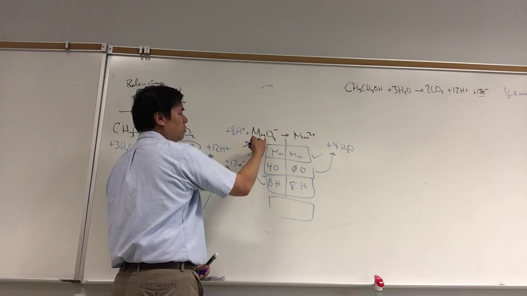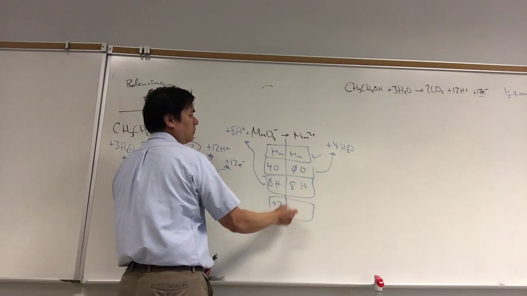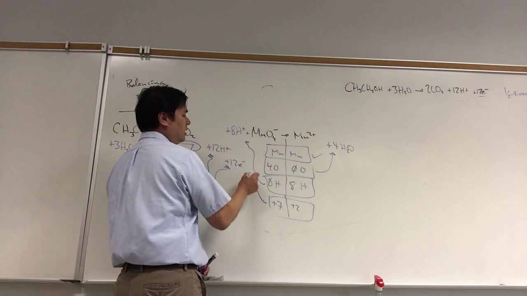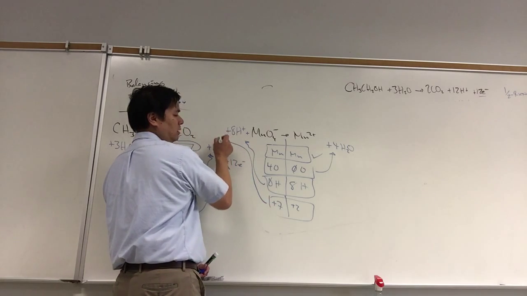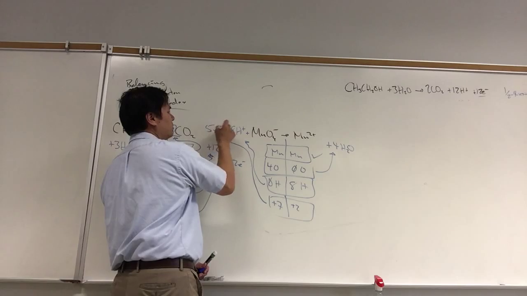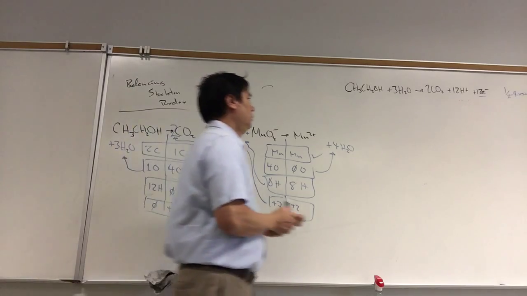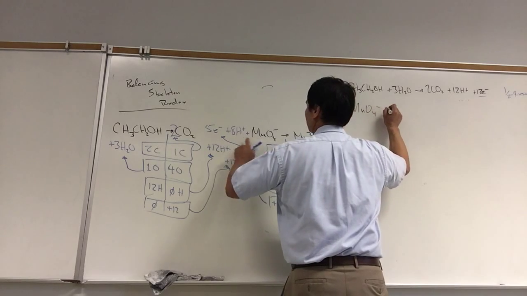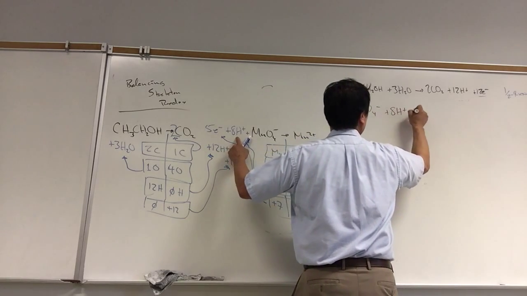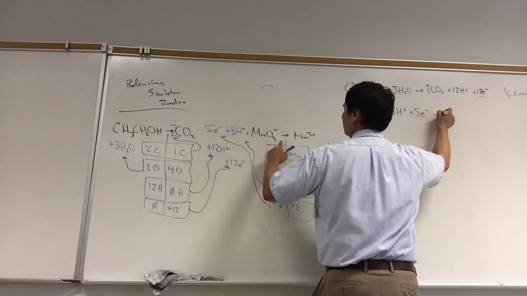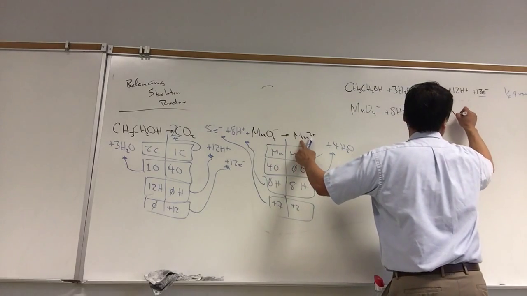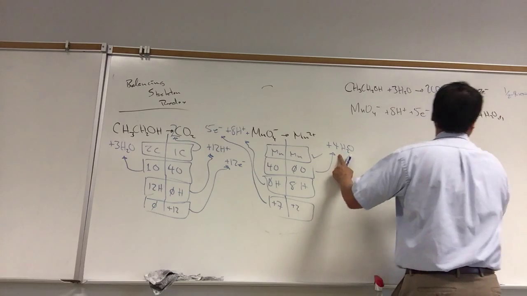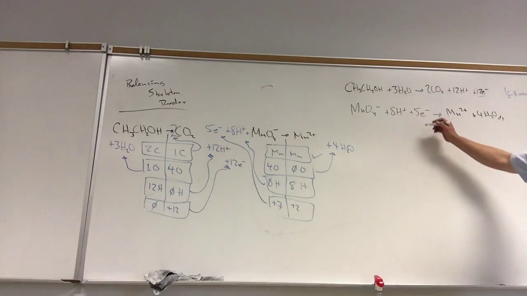So plus 8 minus 1 is plus 7. Plus 2 over here. And so we have to balance the charge by adding negative electrons. And so we'll need 5 electrons over here. And so I'm going to just write this: permanganate plus 8 H+ plus 5 electrons yields Mn2+ plus 4 H2O liquid. So here's what took the electrons.